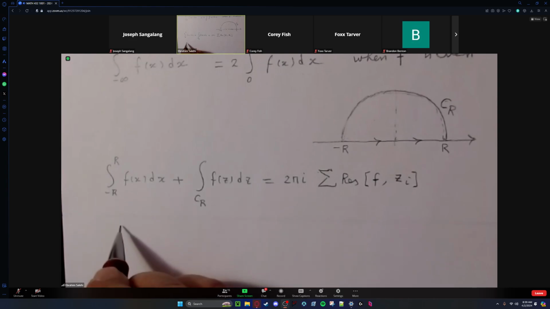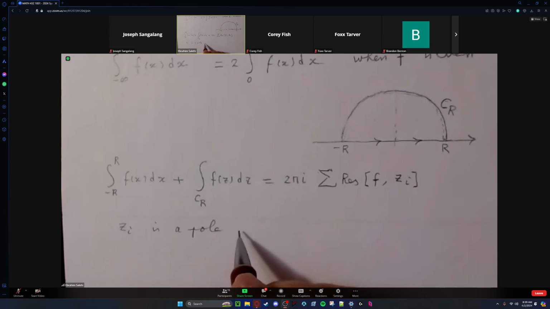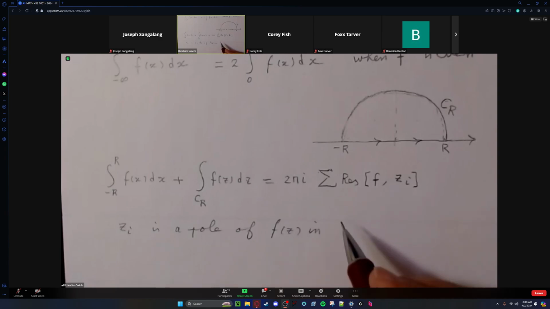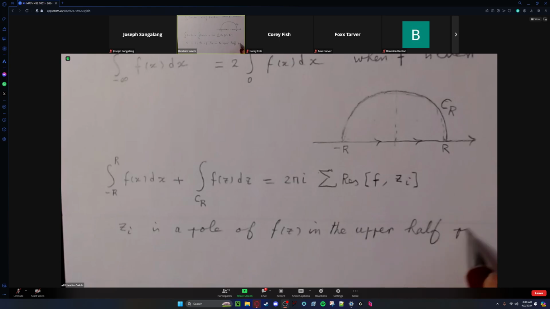So Zi is the pole of f of z in the upper half plane. Good.